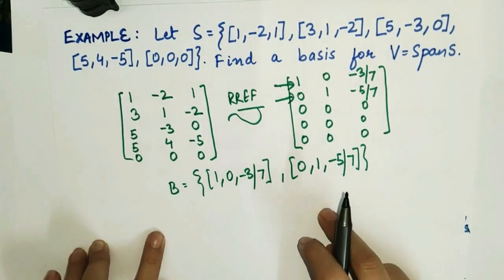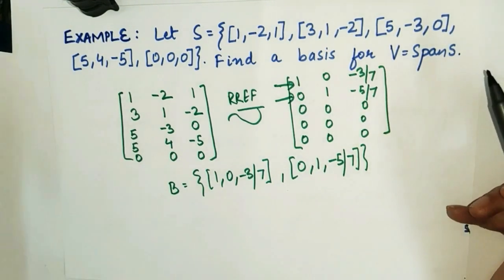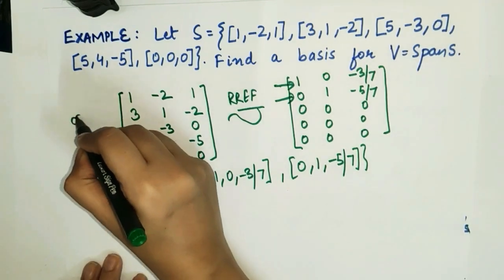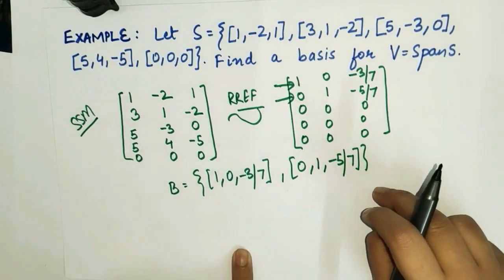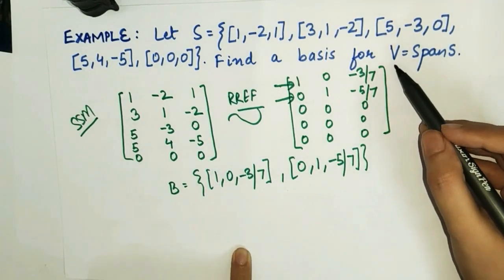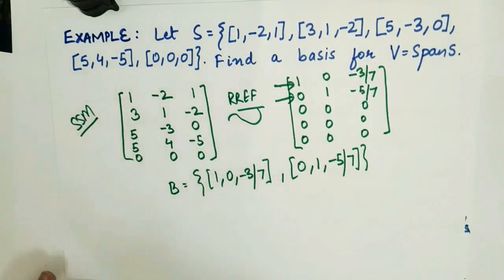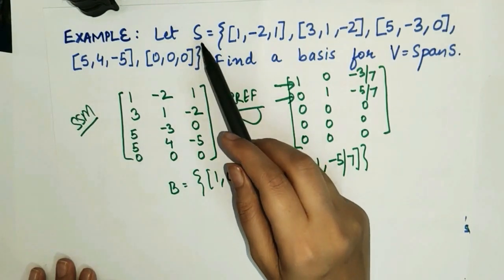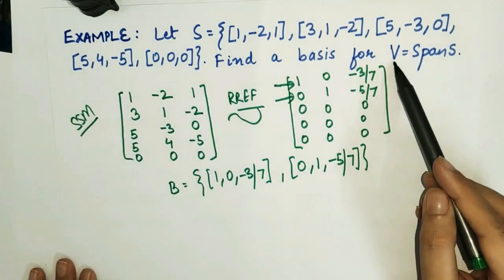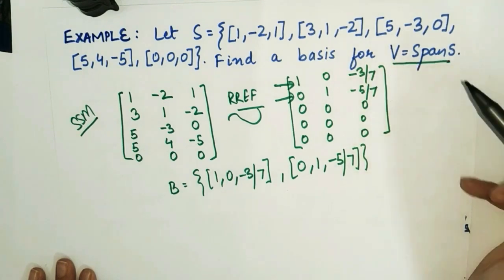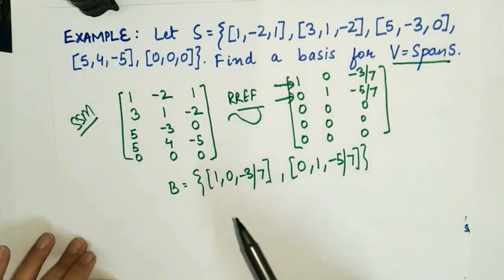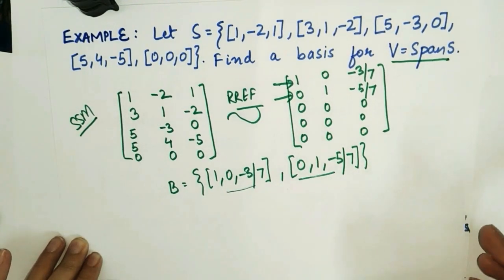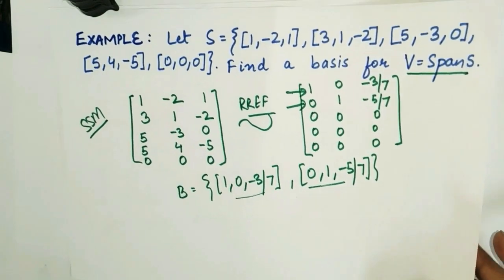So this is my required basis for V equal to span S. So here I have applied the simplified span method to get my minimal spanning set, and my minimal spanning set would be a basis for V. In the earlier method I had applied ITM to get the maximal linearly independent subset of this set S, which was again a basis for V. In both the cases it was given that V is equal to span S. And we can also see that the number of elements in both of the bases is the same. So the dimension of V is 2.